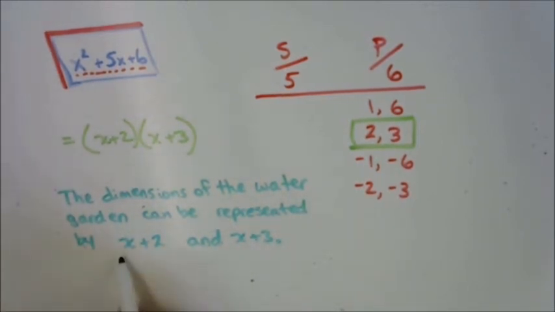So those are the dimensions, either length and width or width and length. It doesn't matter because with multiplication, we can switch the order of things.